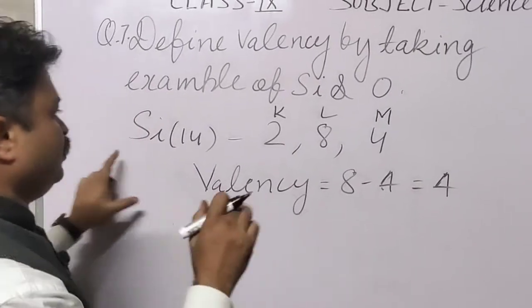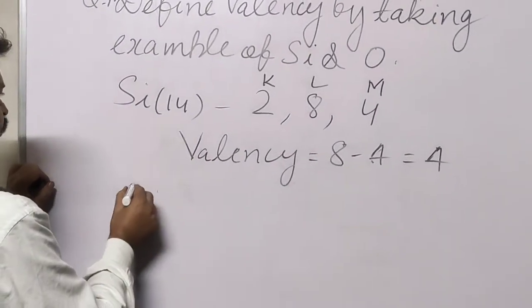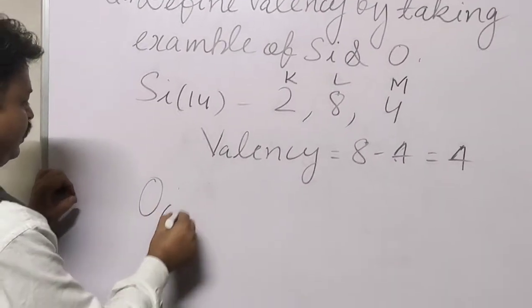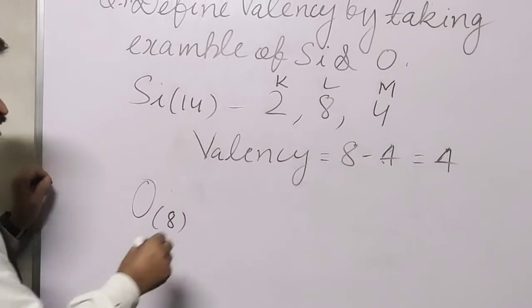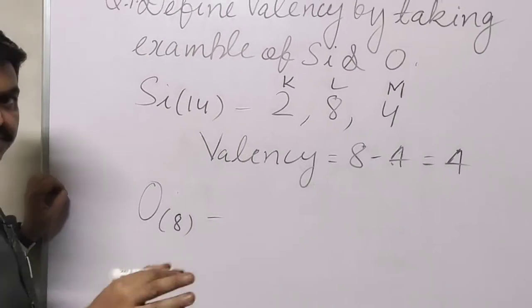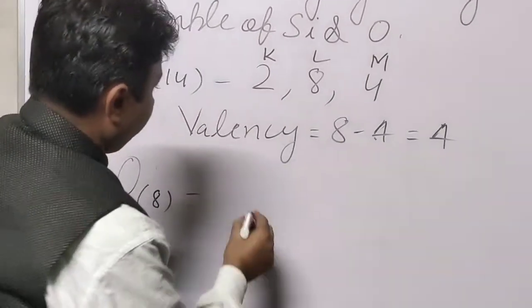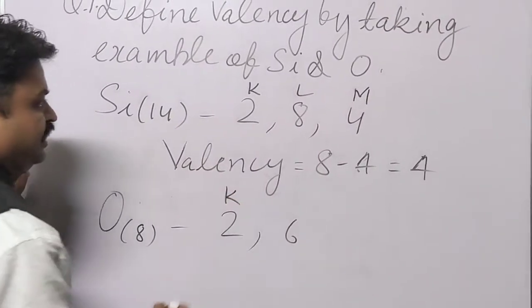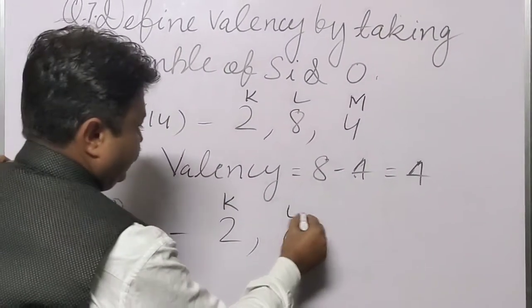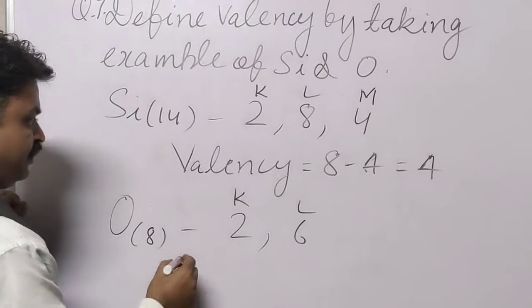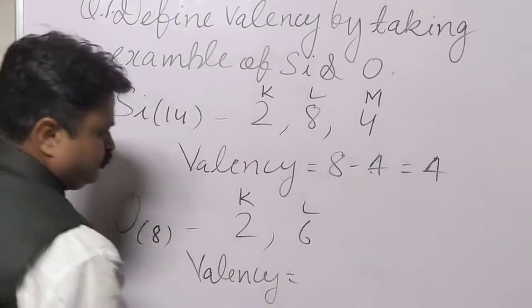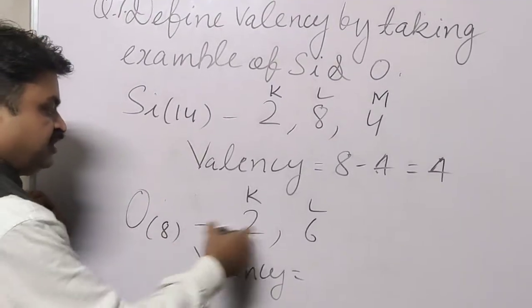Now we come to the next, oxygen. How will we find it? Again we write the atomic number of oxygen and its electronic configuration, which is 2, 6. In the K shell there are 2 electrons, and in the L shell 6 electrons. So what is the valency of oxygen here?